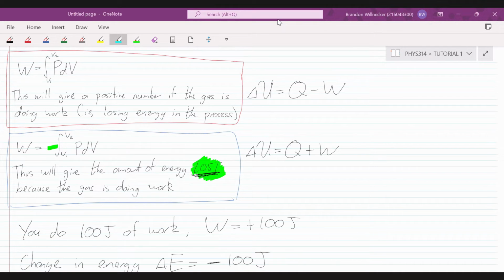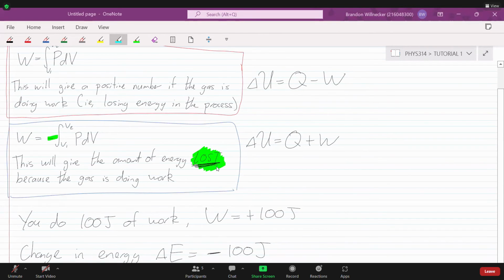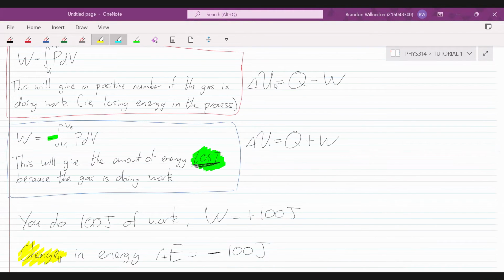Okay, does that clarify things? So minus 100 joules means the gas lost 100. Yeah, exactly. So here the change in energy is negative because the energy went down.